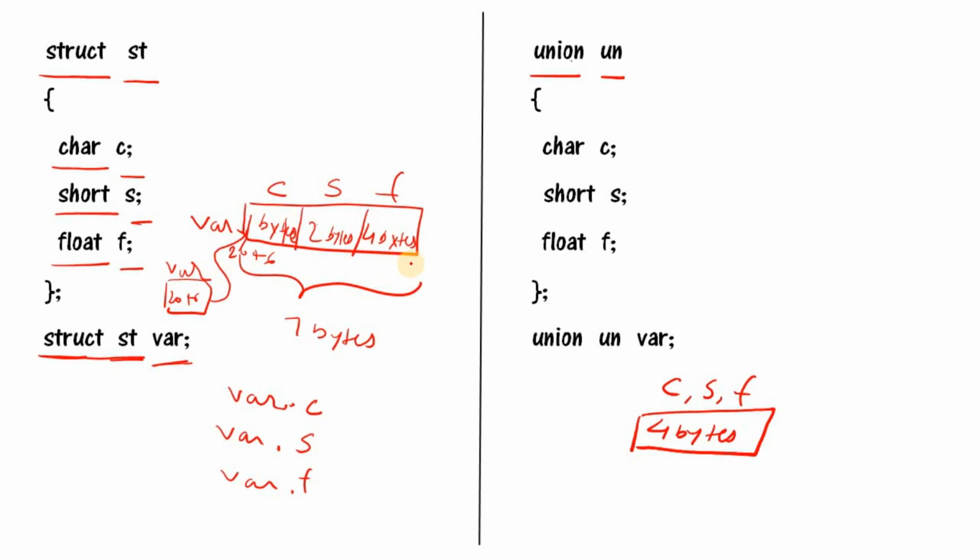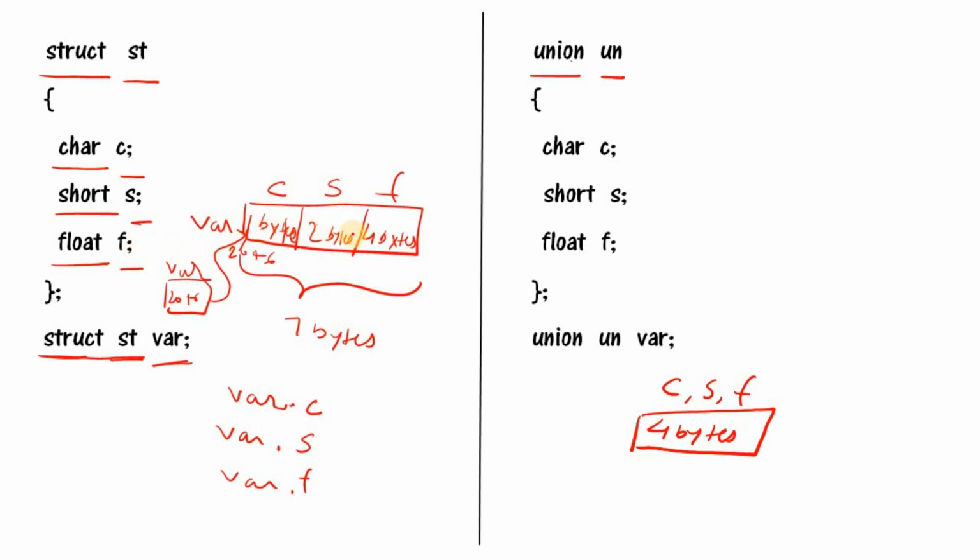Just consider if it occupies 1 byte. We can store only a character. We cannot store a short type variable, or a float type variable. Suppose it occupies 2 bytes. We can store either a character or a short type, but we cannot store a float type.